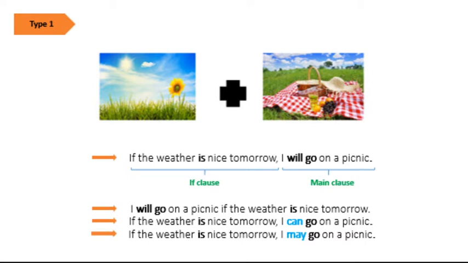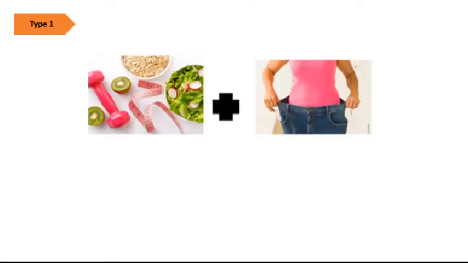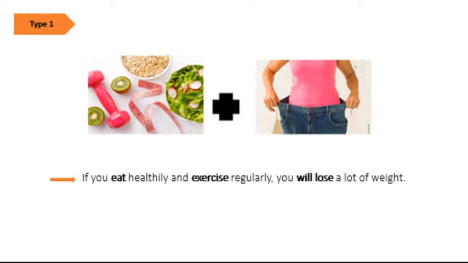The following situation. There you can see some healthy food and also exercising or work out, and then a person who wants to lose weight. So how can we describe the situation? This is actually my advice to my friend who wants to get thinner. My friend is overweight.